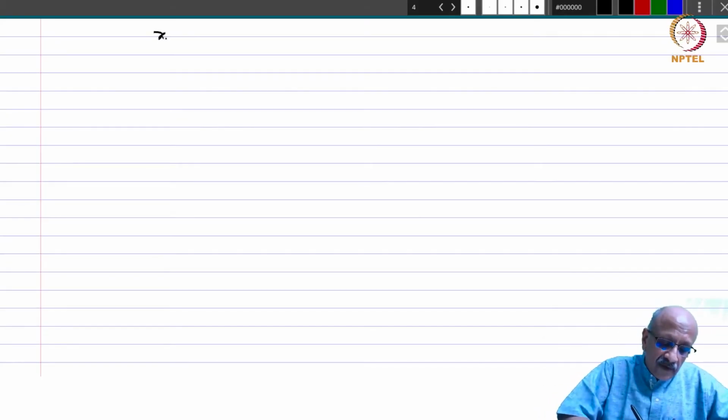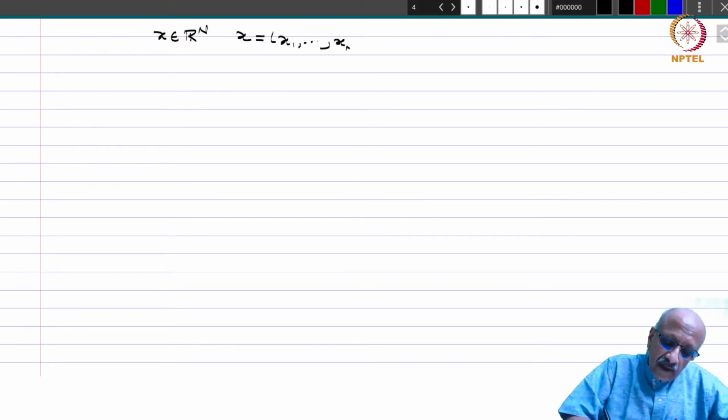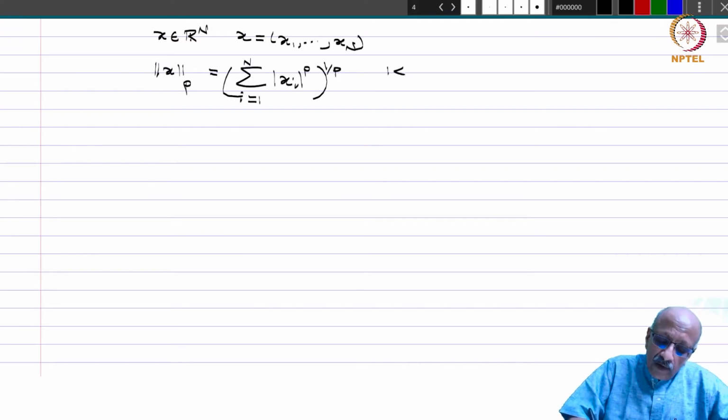So let us recapitulate. We have x in R^n, x = (x1, ..., xn), and we have the norm ||x||_p defined as (sigma i equals 1 to n |xi|^p) whole to the power of 1/p, where 1 < p < infinity.